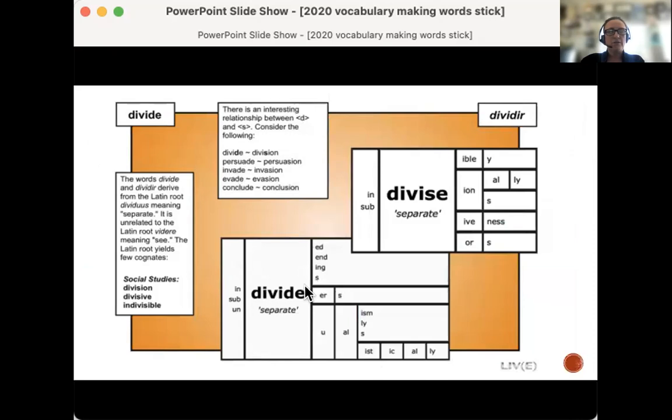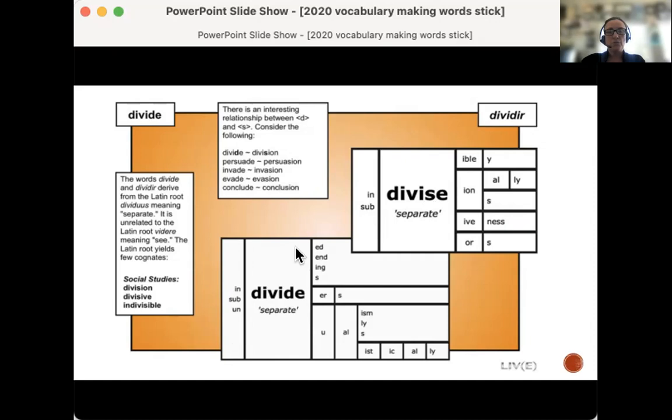Same here, you've got divide and devise, but then a bunch of different words. Individual is about separate, like it's one person. And indivisible or indivisibly is also dividing and separating.